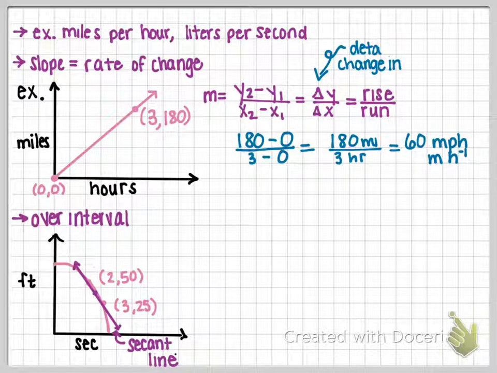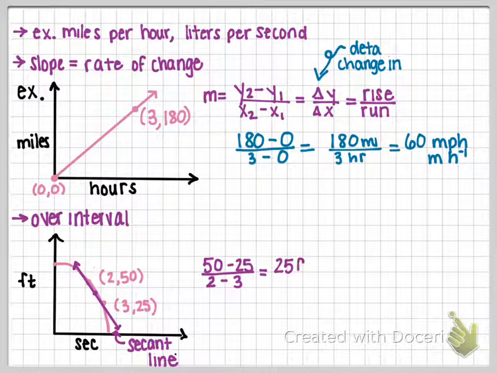So we can find the slope of this line. We can take 50 minus 25 over 2 minus 3. And we'll end up with 25 feet over -1 second.